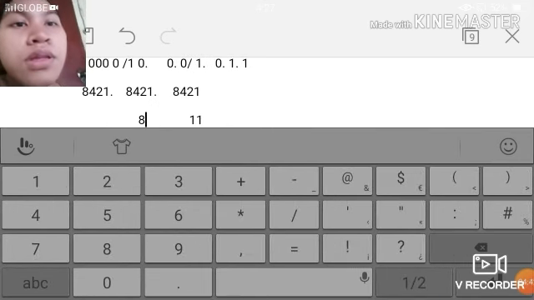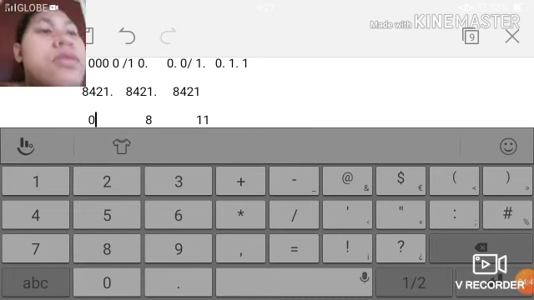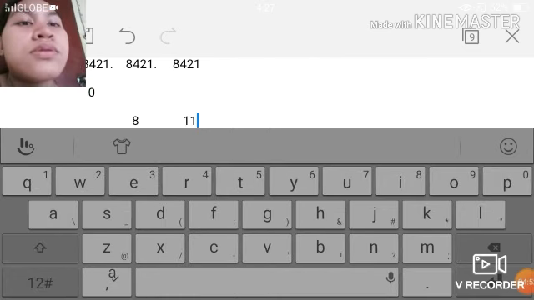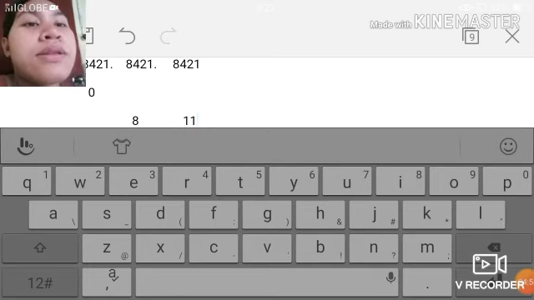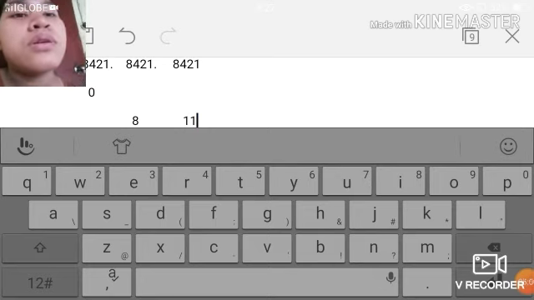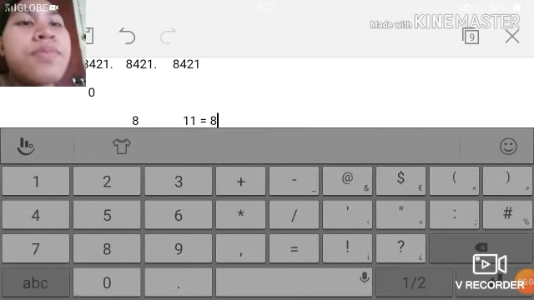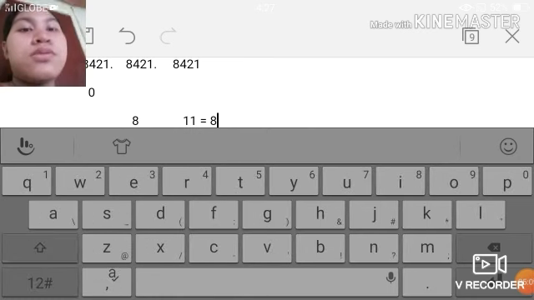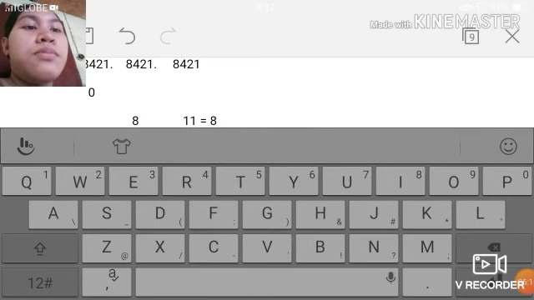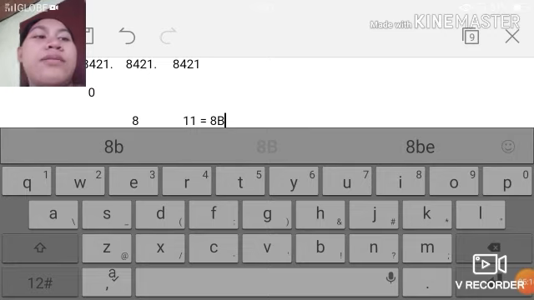Then here we didn't use anything, so the value is 11 and 8 in hexa. But the value of 11 in hexa is a letter, so the value of 11 in hexa is equal to B. So 213 base 8 is equal to 8B.